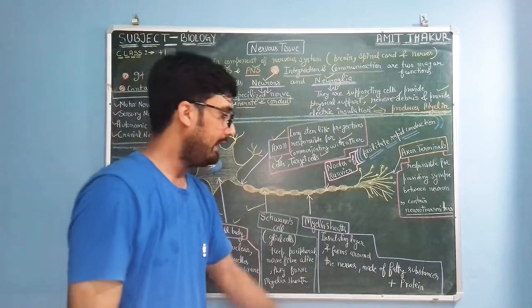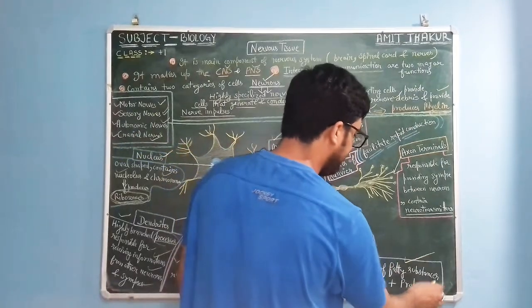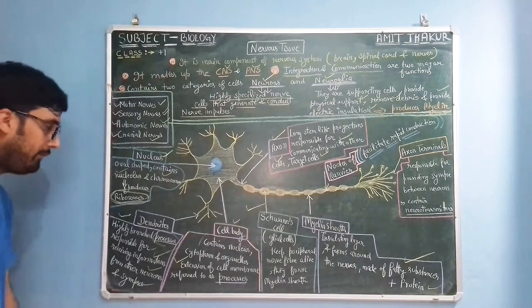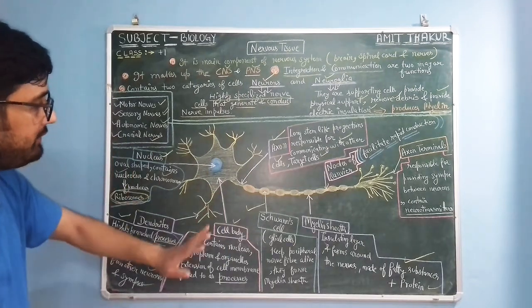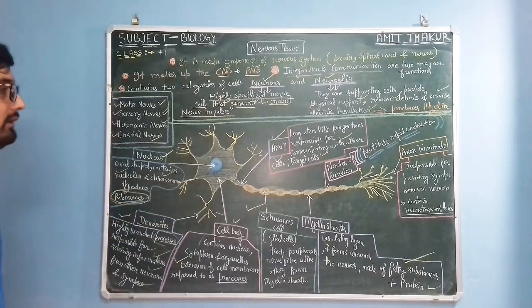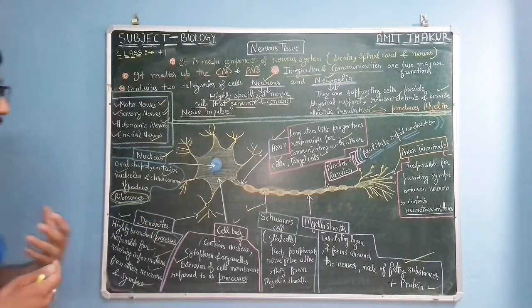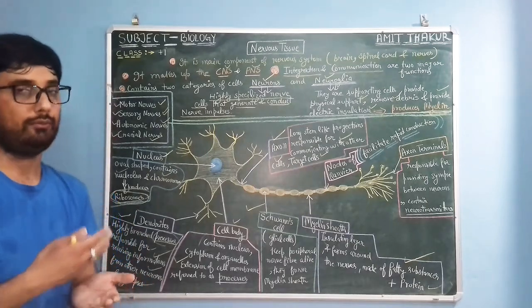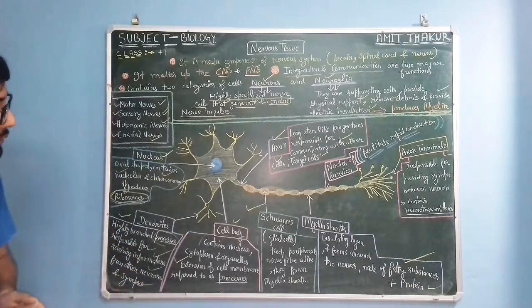It is made up of fatty substances and protein. So that covers the structural arrangement and all the parts of this nerve cell, and how the message is passed on from one neuron to another.